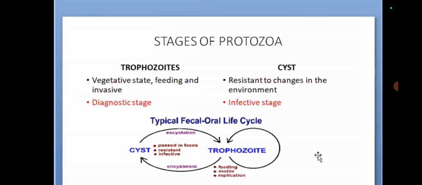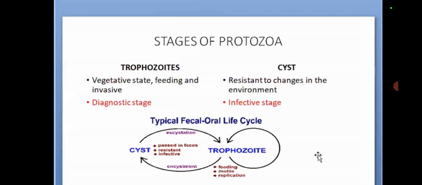Here we're going to see the stages of the protozoa: trophozoite and cyst. Trophozoites are the vegetative state, feeding and invasive. They are the diagnostic stage. And cysts are resistant to changes in the environment. They are the infective stage, in the typical fecal-oral life cycle.